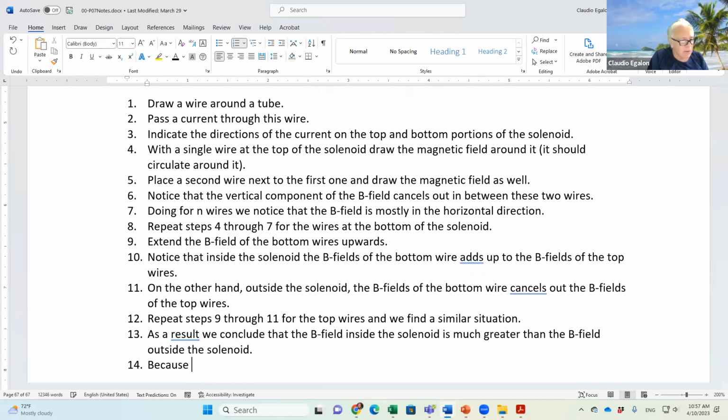Step 14, because you're not going to see anything like that in books, okay? They never do the documentation in words, step by step.